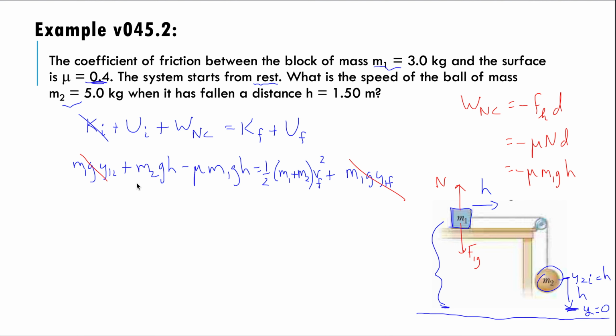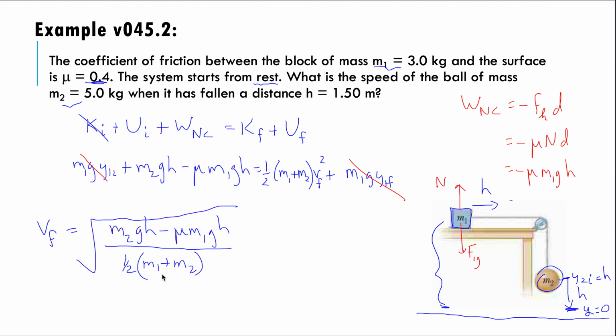Let's go ahead and do that. To solve for v final, we are going to take the square root after we divide everything by this. So we're going to have m2 g h minus mu m1 g h divided by all of this, the 1/2 times m1 plus m2. That will give us v squared by itself, and now we just take the square root.